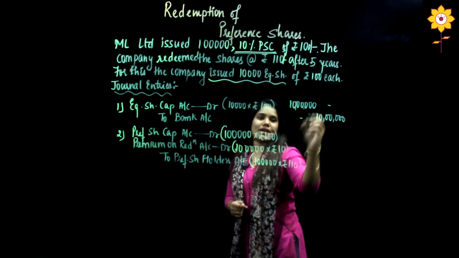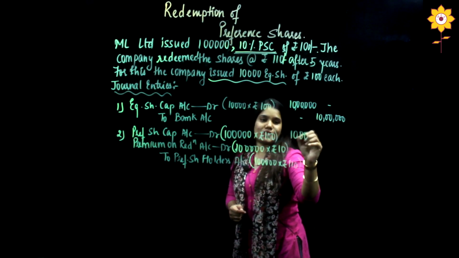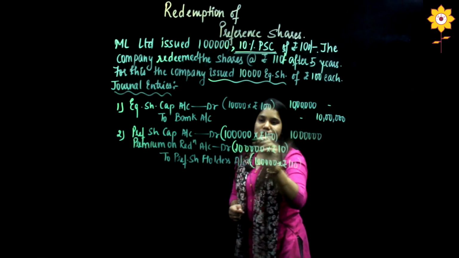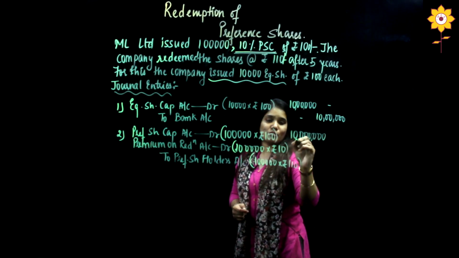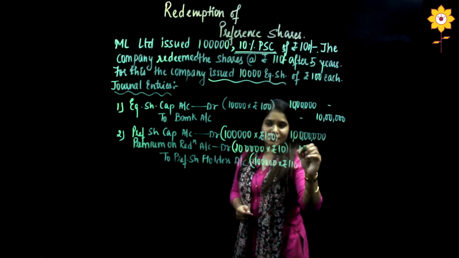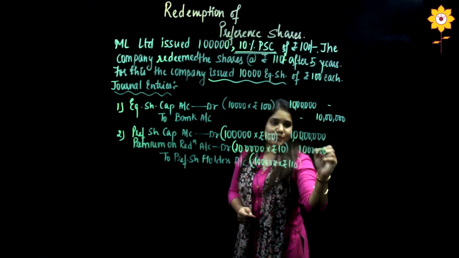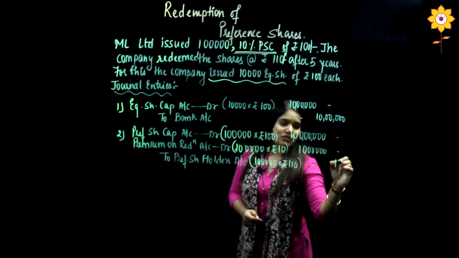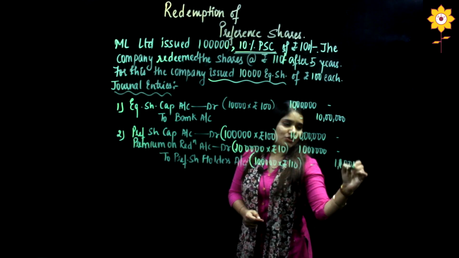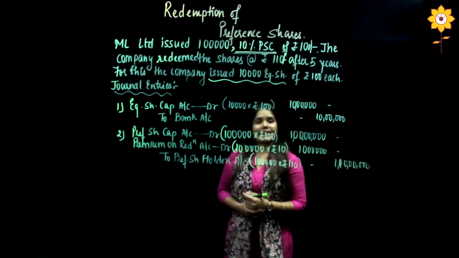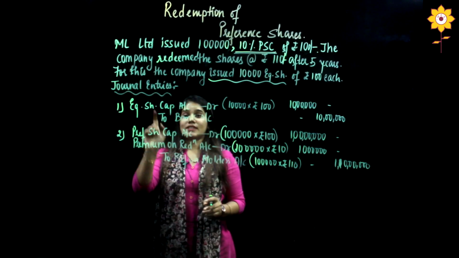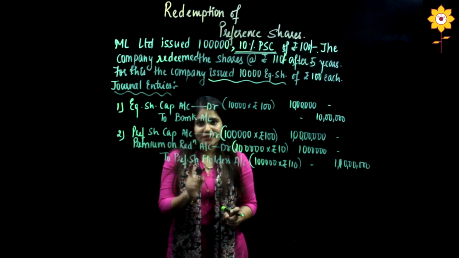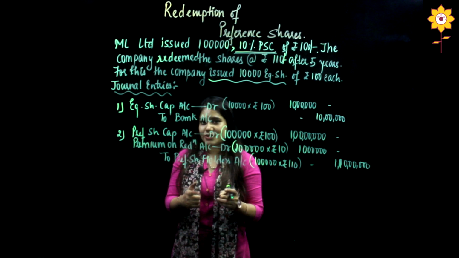Okay, so here my amount will become rupees 1 crore. Here it will become rupees 10 lakh and the total will become rupees 1 crore 10 lakh. Okay, now once I am done with this, see, I haven't yet made the payment to the preference shareholders, correct?